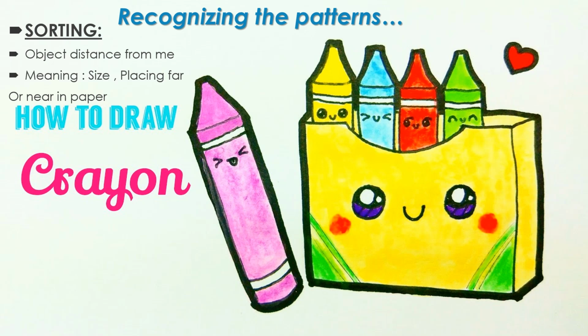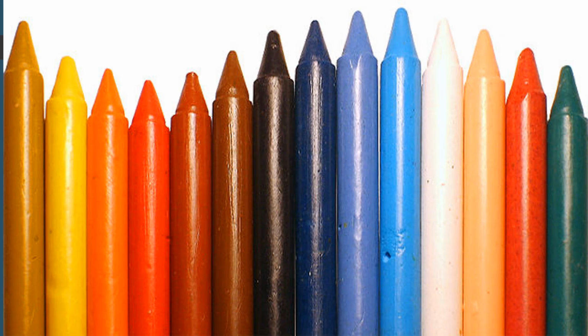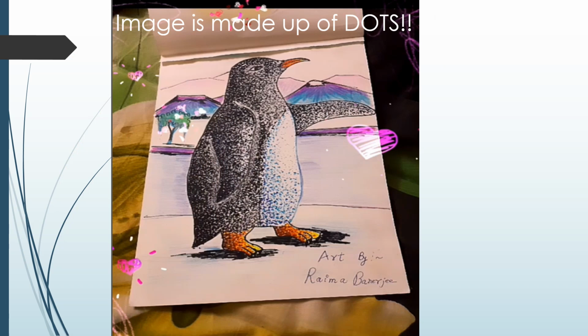Now I'm going to talk about how sorting is really used in computer graphics algorithms, and why we even need sorting. This was the example of crayons sorted on the basis of light to dark color, approximately sorted.